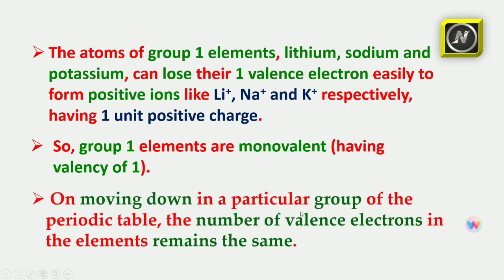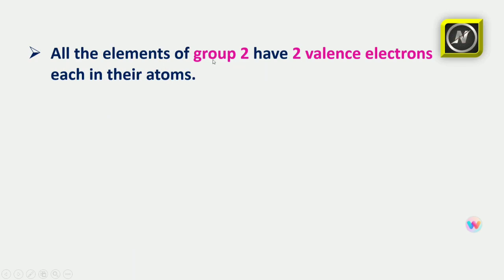On moving down in a particular group of the periodic table, the number of valence electrons in the elements remains the same. All the elements of group 2 have 2 valence electrons each in their atoms.